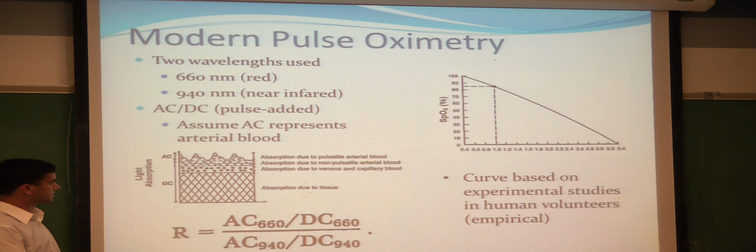So you divide the changing transmitted light by the DC signal, and you get R. And the graph of R is based on experimental data from studies. That's how you relate the two, and then you know how much the oxygen saturation of the blood is at.